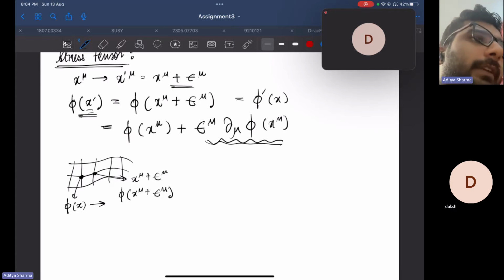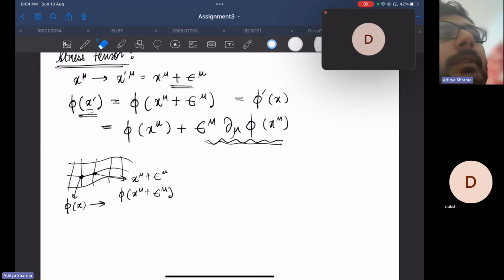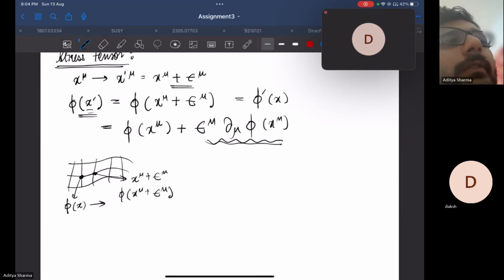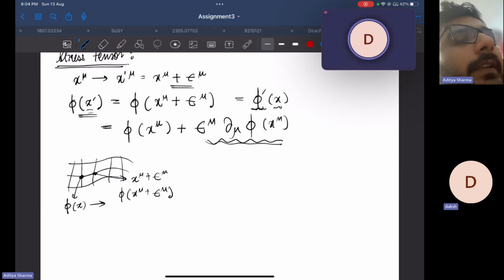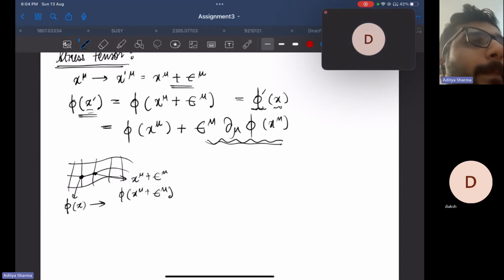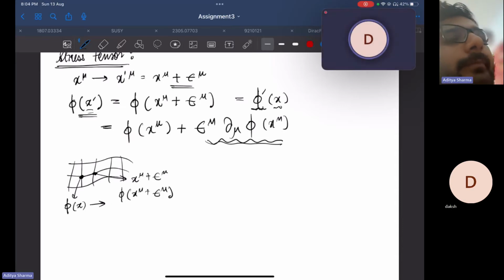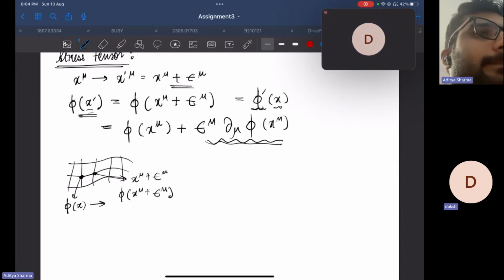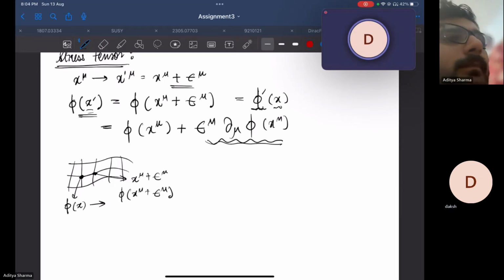That is what I was trying to write. This is a new function, new field. This is a new field at x, which is defined as the old field evaluated at x plus some epsilon. You understand, right? Yeah, I understand.